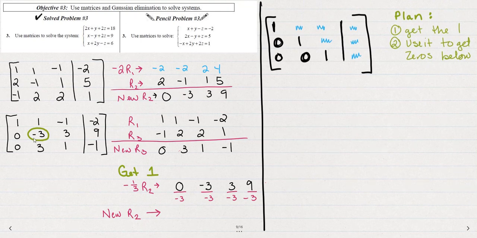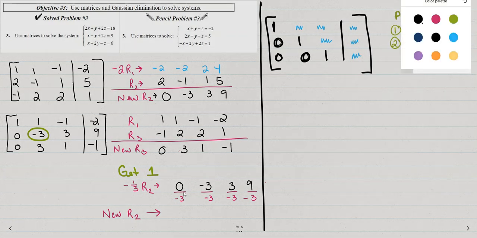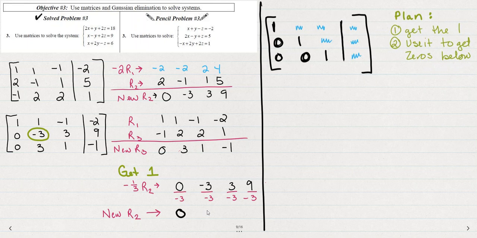We could multiply row 2 by -1/3. Here's what that would look like. Our row 2 is 0, -3, 3, 9. And if I multiply by -1/3, it's the same thing as dividing by -3 all the way across. So when I do that, 0 divided by -3 is 0. -3 divided by -3 is 1. 3 divided by -3 is -1. 9 divided by -3 is -3.